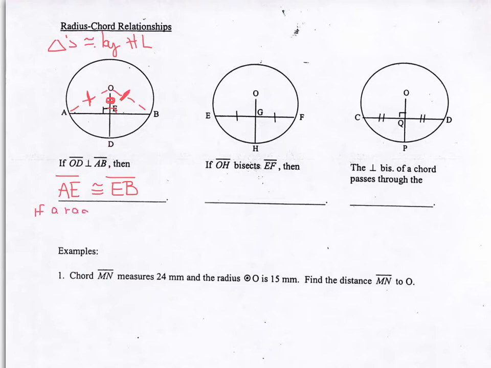So I'm going to write that out for us. If a radius is perpendicular to a chord, then the radius bisects the chord.